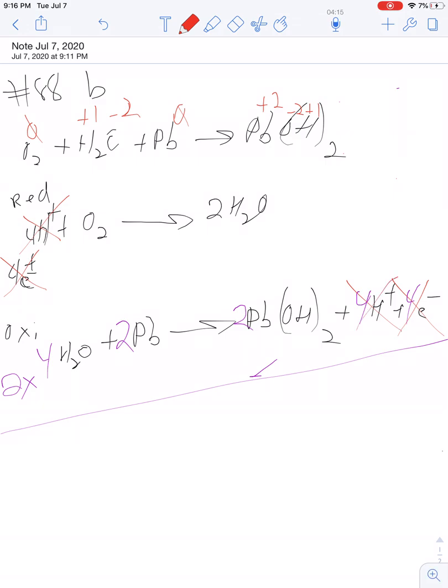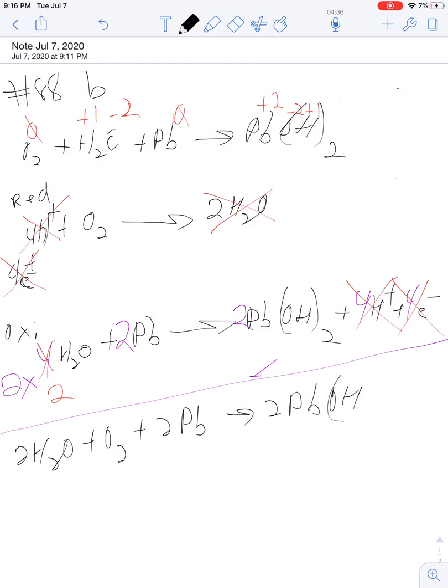It's coincidence that the hydrogens cancel. I have 4 waters on this side, or 2 waters on that side, and 4 on this one, so that becomes a 2. And so then we just add everything else up. So I'm going to have 2 waters, oxygen, 2 leads, going to 2 lead hydroxides.